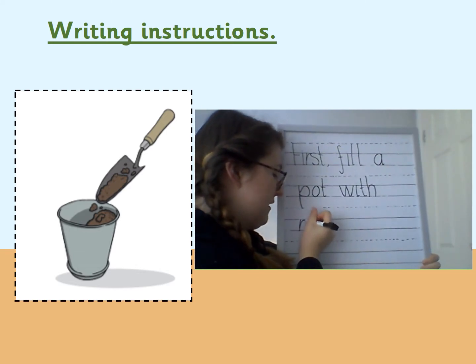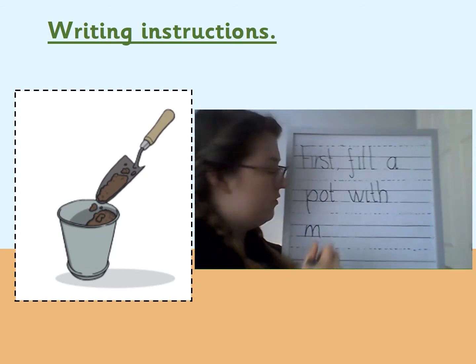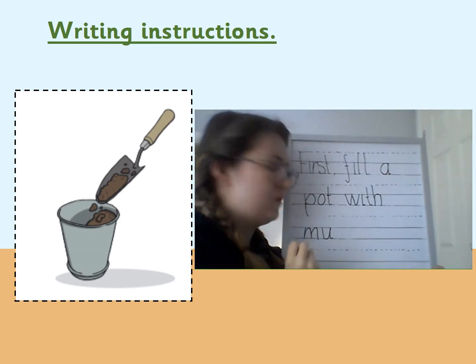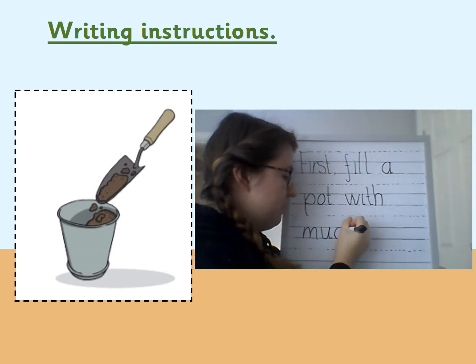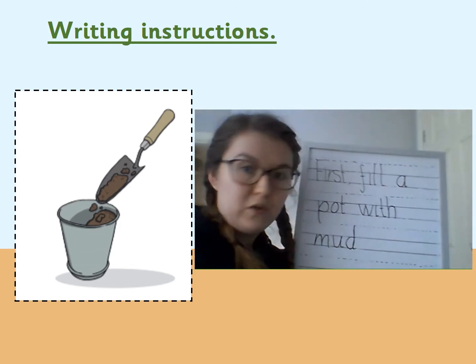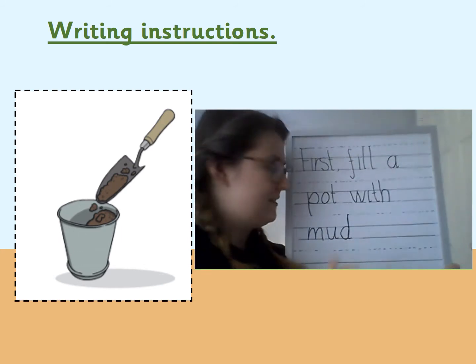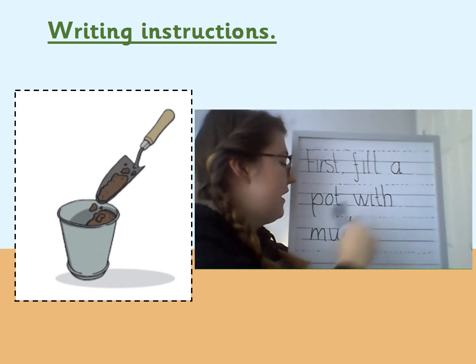Down the mountain. Under the umbrella and down to a puddle. Around the dinosaur's bottom, up his neck and down to his foot. Mud. Then we need a full stop because it's the end of our sentence. First, fill our pot with mud.